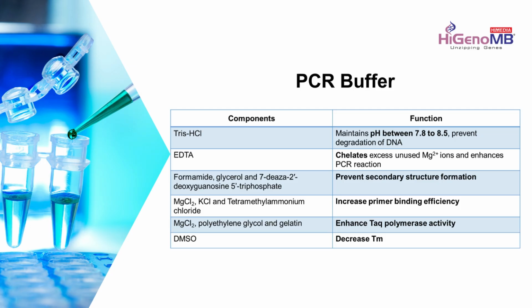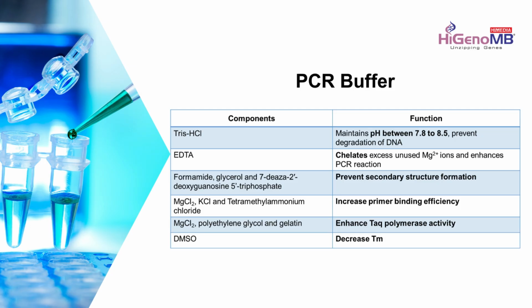So apart from this, there are other reagents such as formamide, glycerol, and 7-deaza-2' deoxyguanosine 5' triphosphate. This prevents the secondary structure formation. In my previous slide, I told you a primer should not form a self-dimer or a secondary structure within itself, because the primer is required to bind to the template and not to itself.